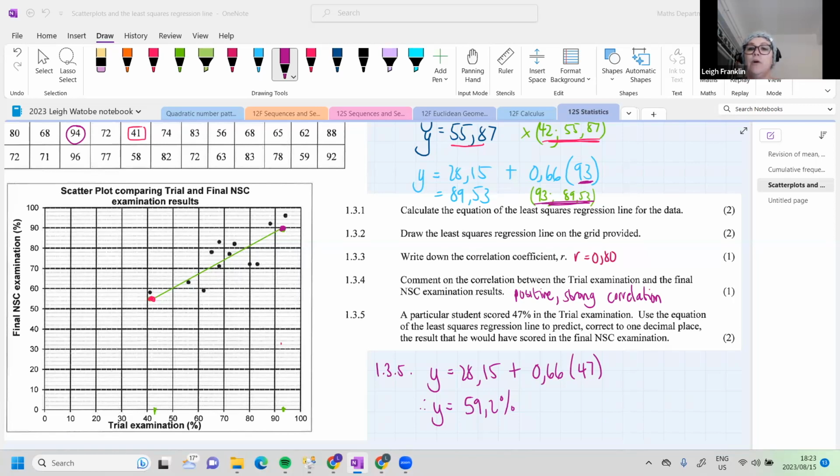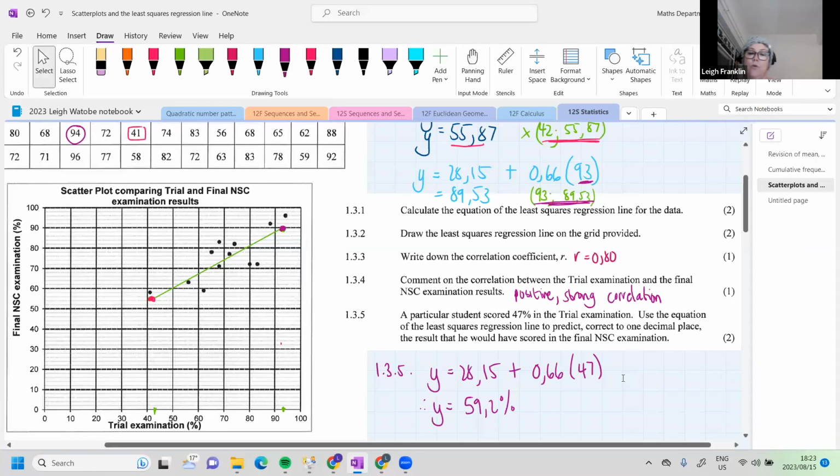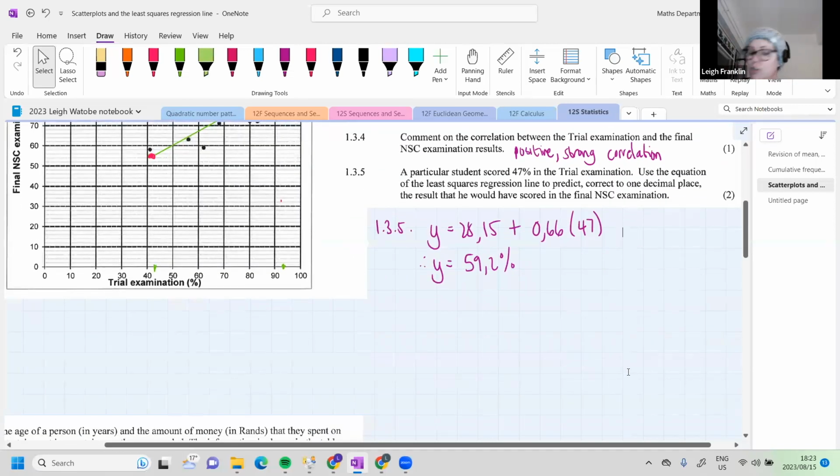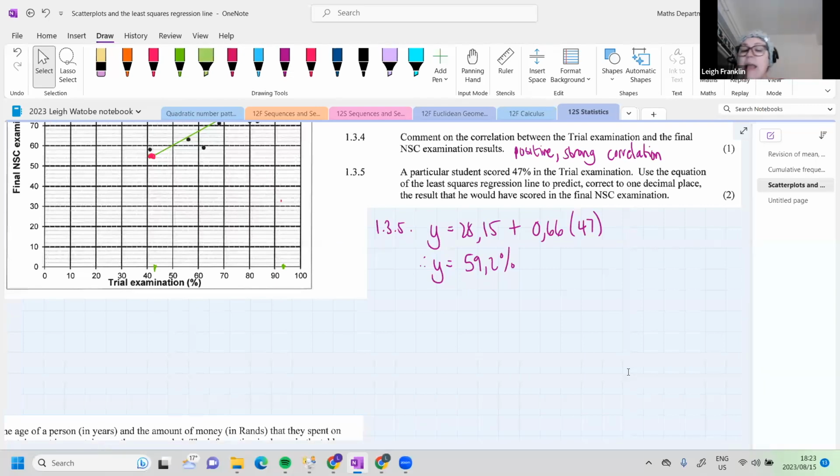Ma'am. Hello. How do we identify if it's strong correlation or weak? Good question, Seketelo. The closer the correlation is to 0, the weaker it becomes. In your textbooks, there's generally a table giving you the strength of the correlation. If your correlation is anywhere from negative 0.3 to 0.3, we would say that it's weak.